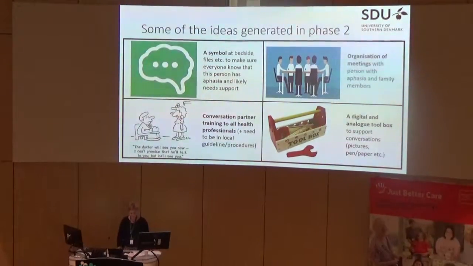We still have a fair bit to go before we are ready to implement anything. Right now, we are working with a publisher, an app developer, and a marketing company, as well as developing the conversation partner training. Before moving to the third phase of implementation, we and the co-designers will verify and test if the new solutions could work as intended.